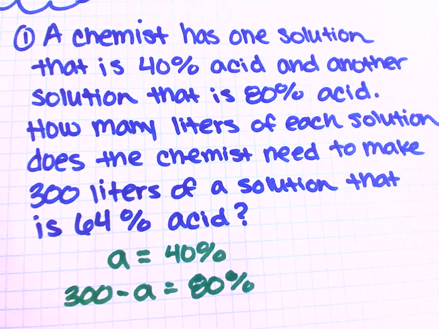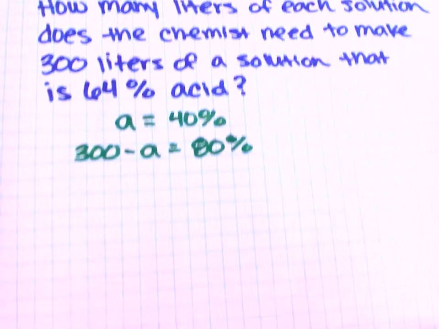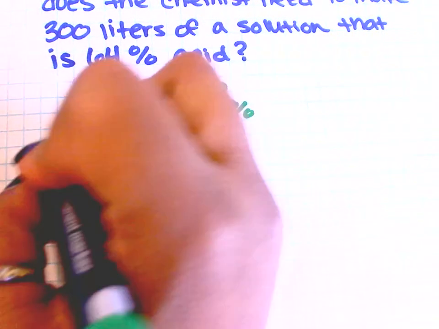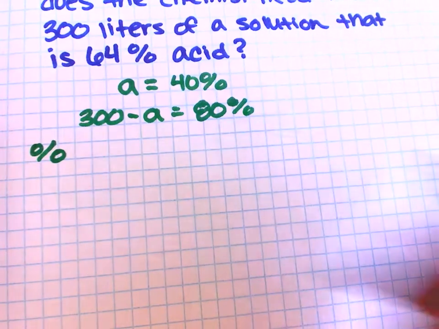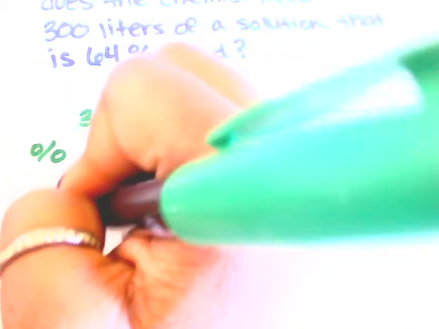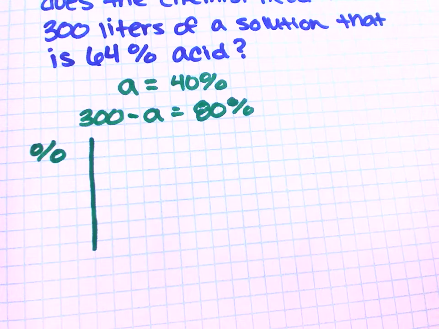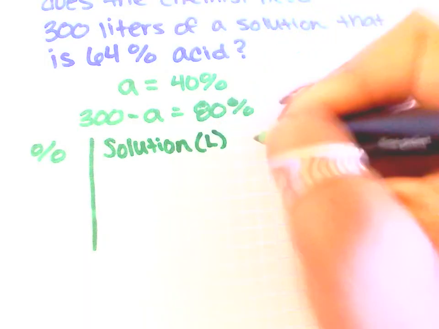So now, like yesterday, we are going to make a chart. So I'm going to call over here percent. And draw a little line. And then I'm going to have my solution in the form of liters.